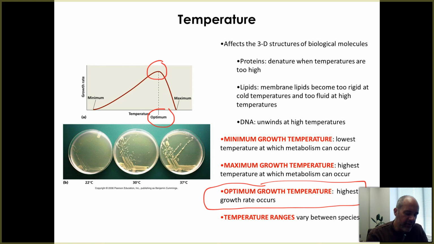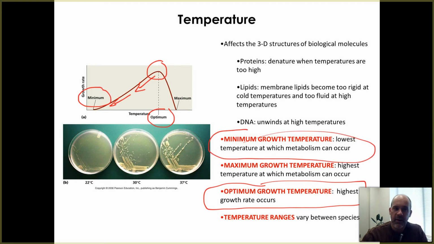All right, now notice as temperatures decrease for an organism, the growth rate is going to get slower and slower and slower. That's because your metabolism gets slower and slower. Chemical reactions of metabolism take place more slowly at cooler temperatures. And eventually you're going to hit a minimum growth temperature. That's the lowest temperature at which metabolism can still occur.